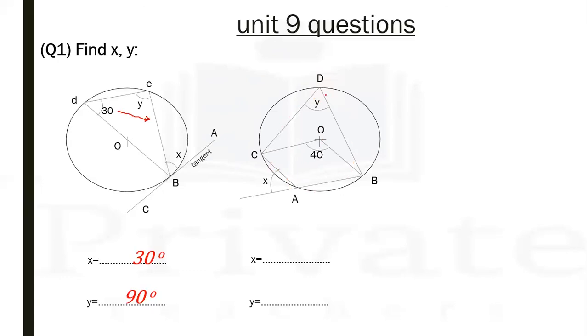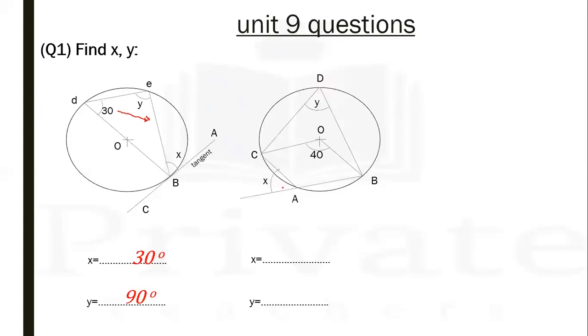Therefore, the shape ABDC is a cyclic quadrilateral. Once we say that the shape is a cyclic quadrilateral, we have two important rules. The first one, the opposite angles are supplementary, as we mentioned before. The second one is the exterior angle equals the interior opposite angle.